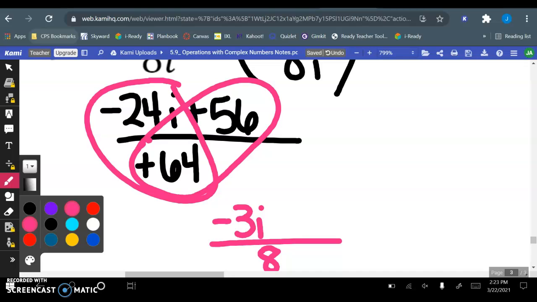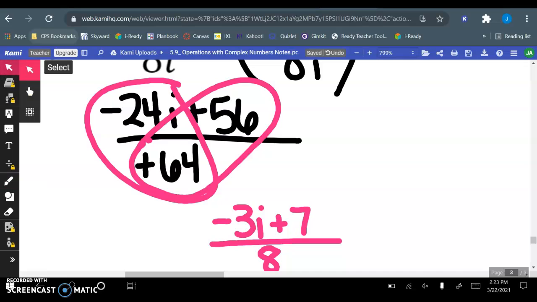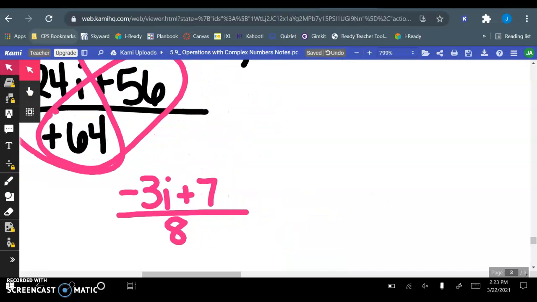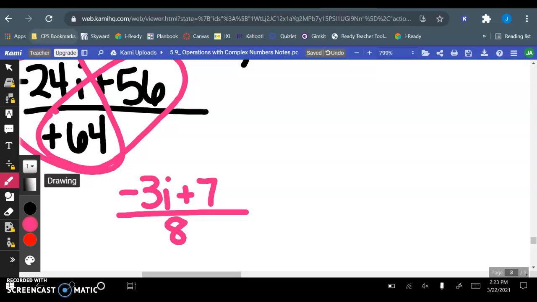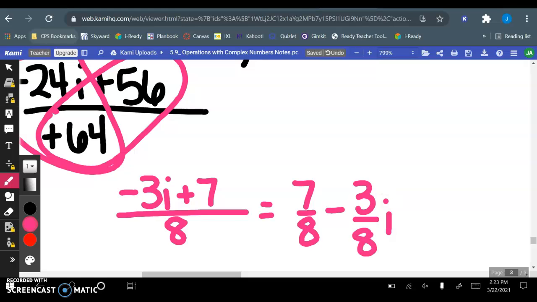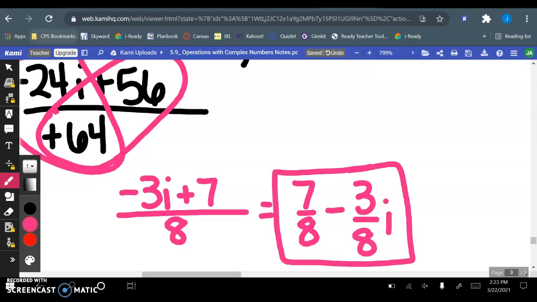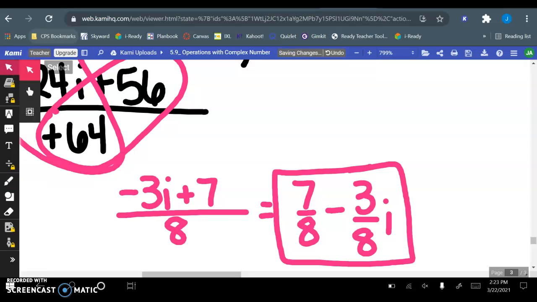We already have that. 56 divided by 8 is 7, so plus 7. So now I want to flip this around so that my real number is first. So the 7 over 8 is first, so 7/8. And then the 3i is negative, so it's going to be minus, and 3i over 8. So 3/8i is the correct way to write 3i over 8.